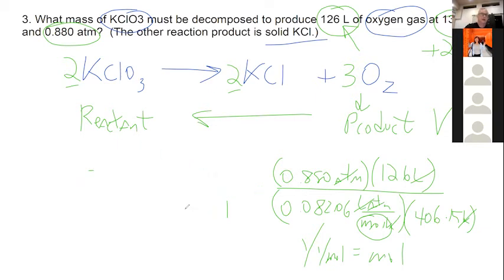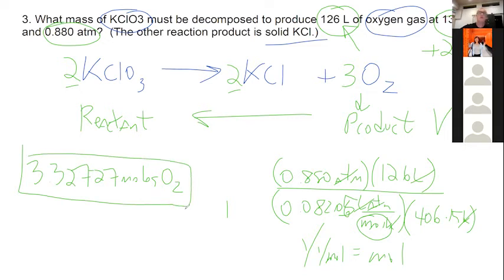Yeah, so I got 3.32727 moles of O2. I actually used 0.08205 here, so it'll actually be a little bit different. So that's the number of moles of oxygen I got.